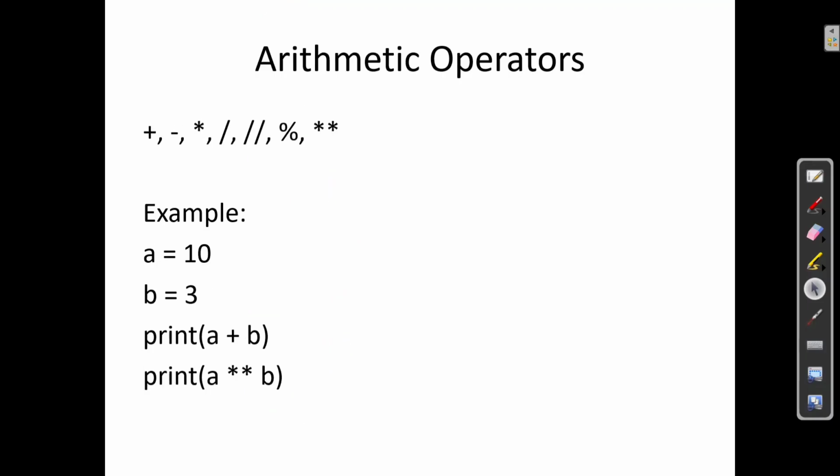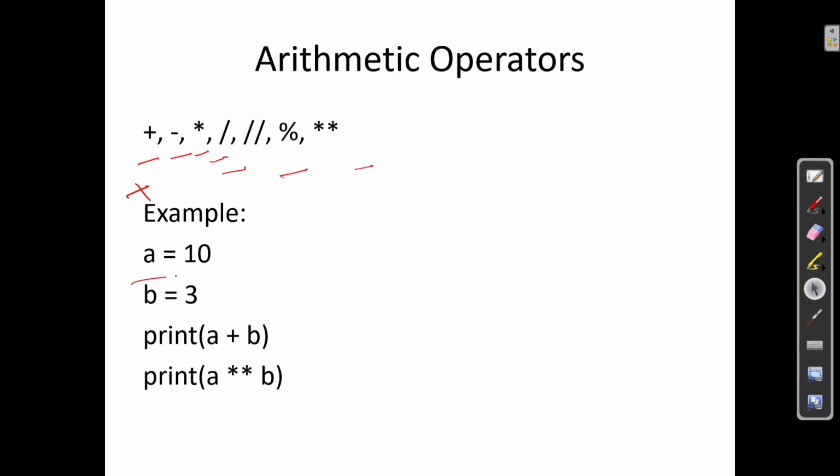So let's continue. What are arithmetic operators? Arithmetic operators are generally used for calculations in mathematics, like the ones we use in maths: plus, minus, multiplication, division, floor division, modulus, and power. These are arithmetic operators. Here we have one example.